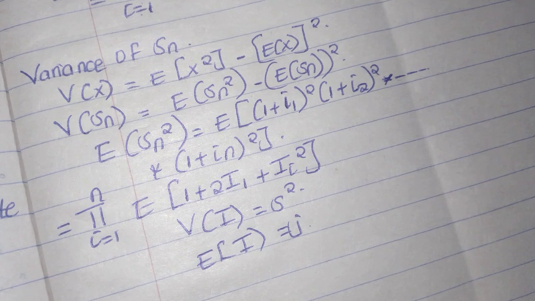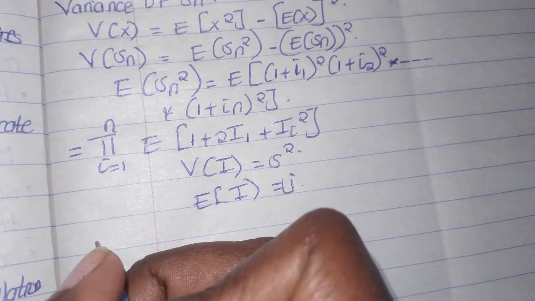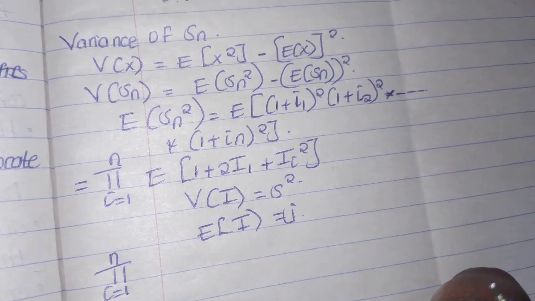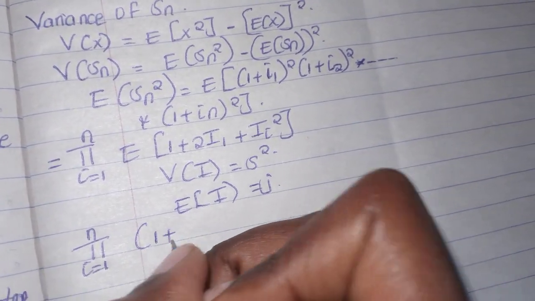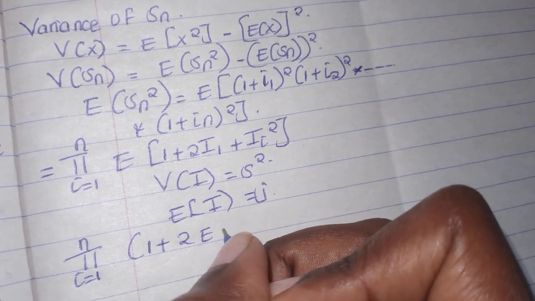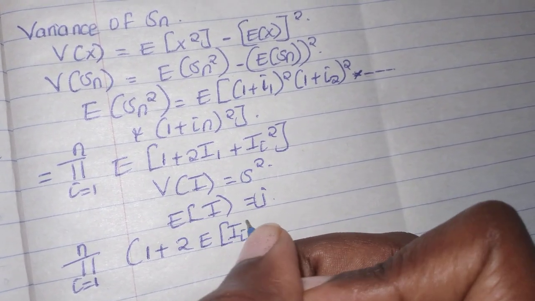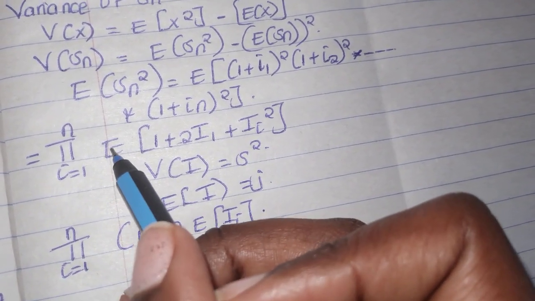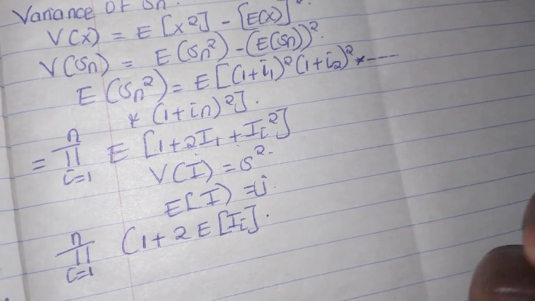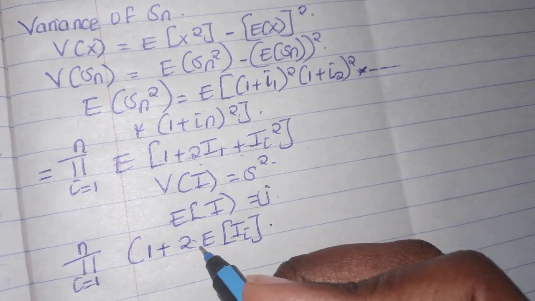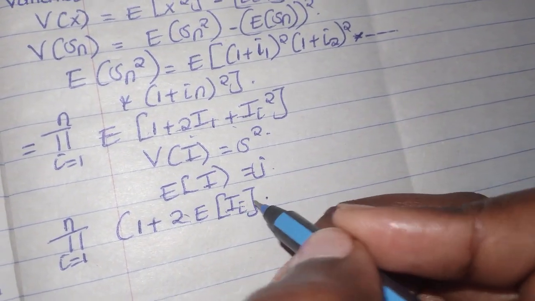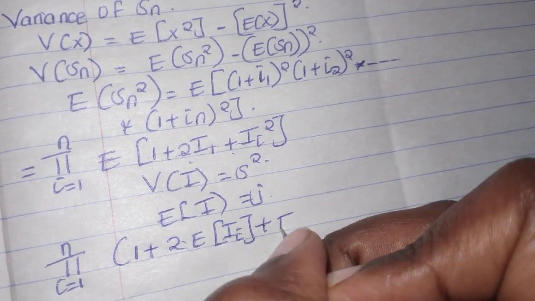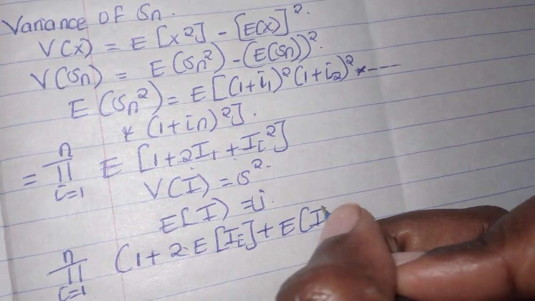So we have the product as i runs from 1 to n of 1 plus 2 times the expectation of I plus the expectation of I squared.